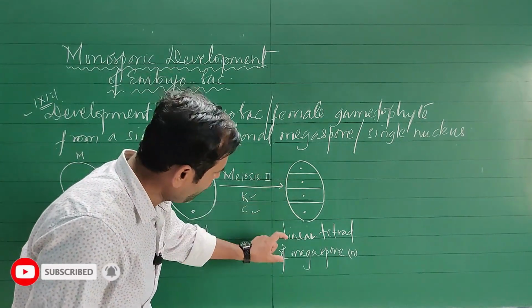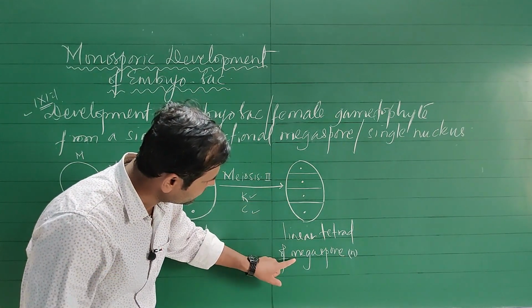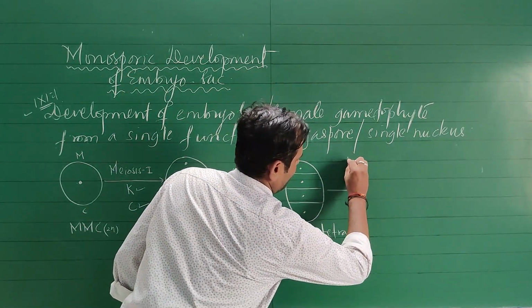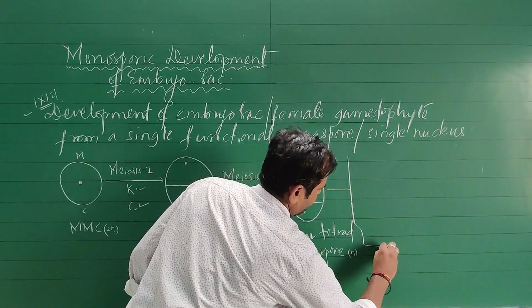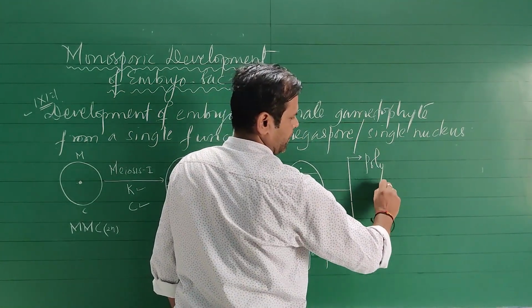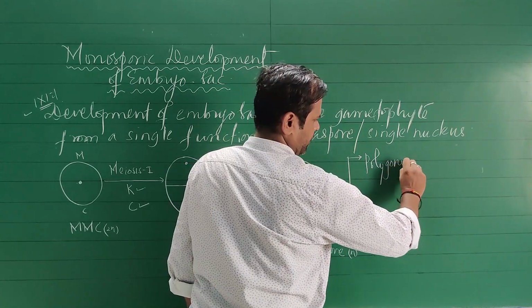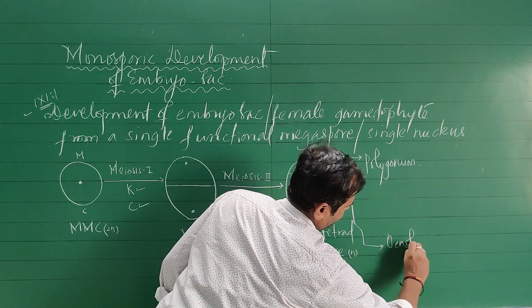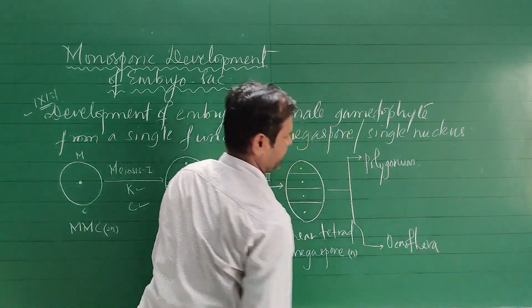Now we'll see what happens in the plant Polygonum and in Oenothera.